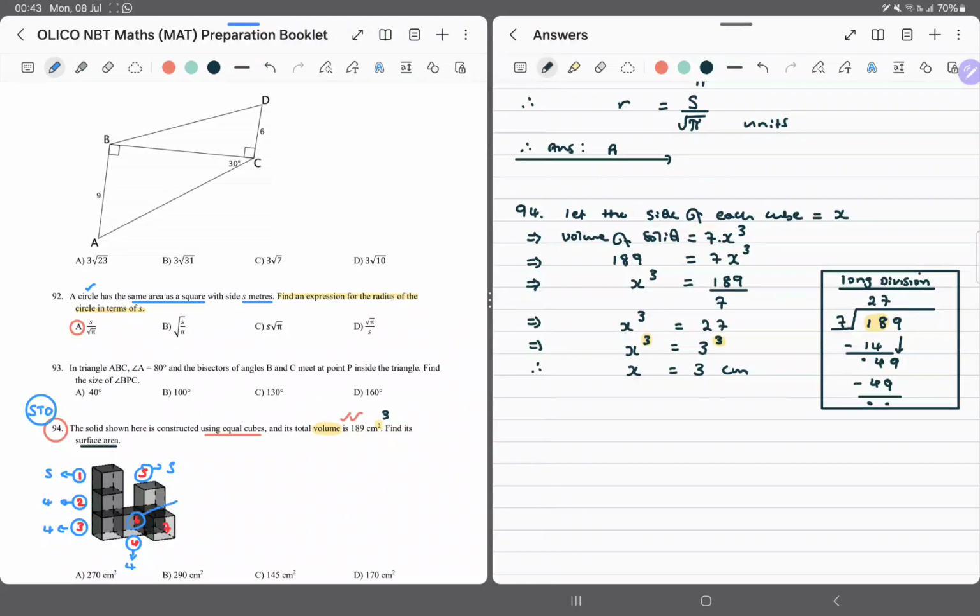And then box number 6 has how many? The back, 1 face, the side, 1 face, and the bottom. So it has got 3 faces. And then the last one, how many faces will it have? We've got the top, the side, so that's 3, 4 the front, and then 5 the bottom.